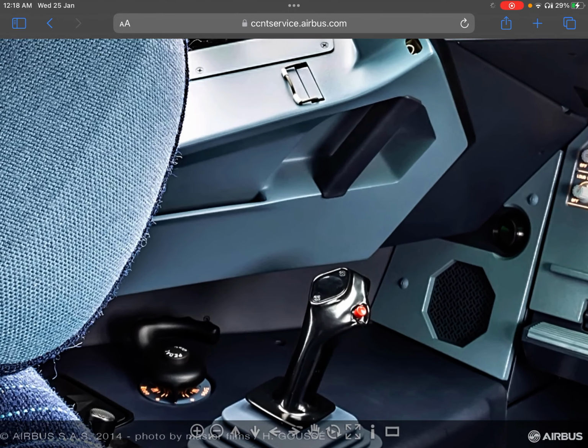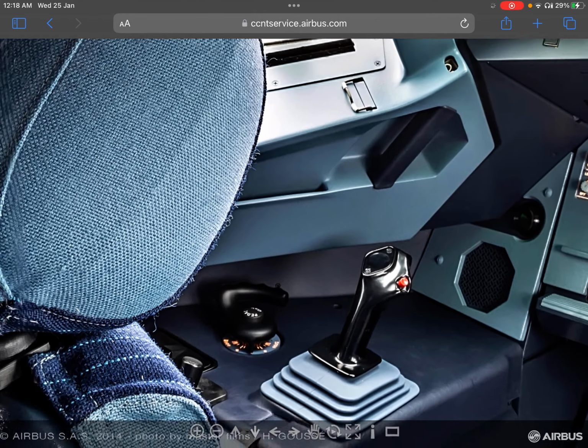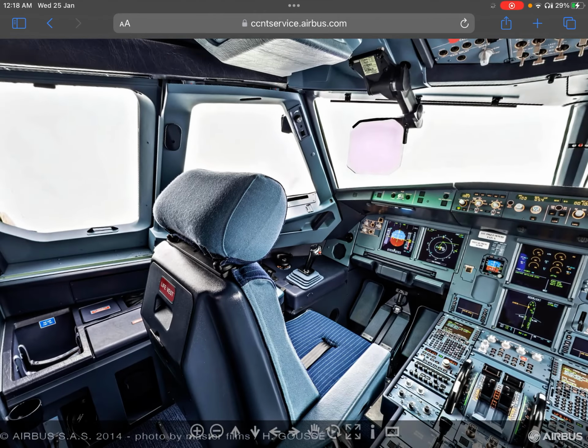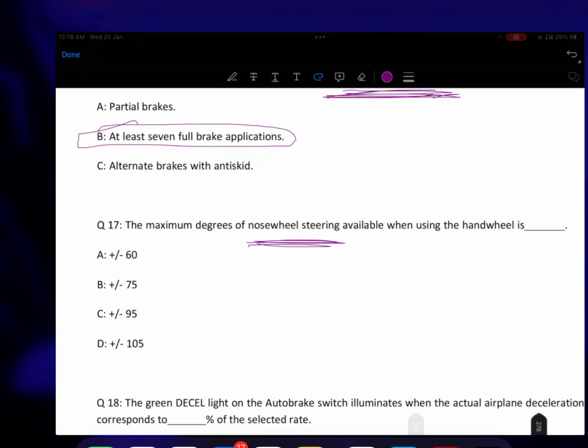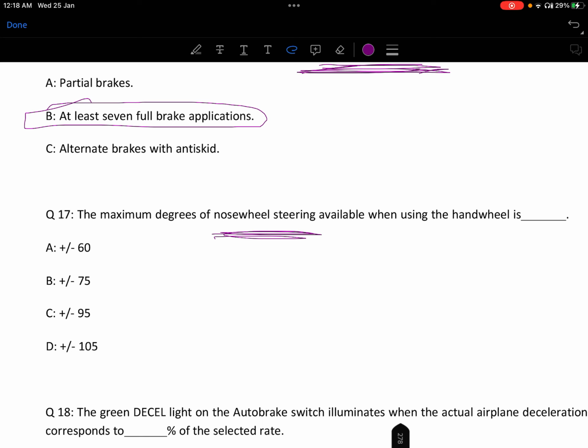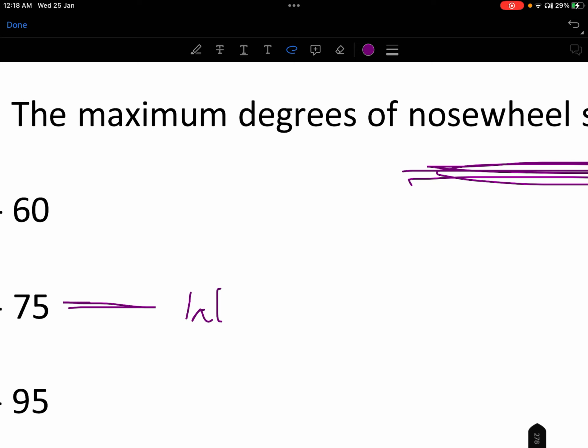This here, behind near the control stick, the side stick, is a tiller. So we can steer our nose wheel plus minus 75 degrees each side with the help of the tiller.